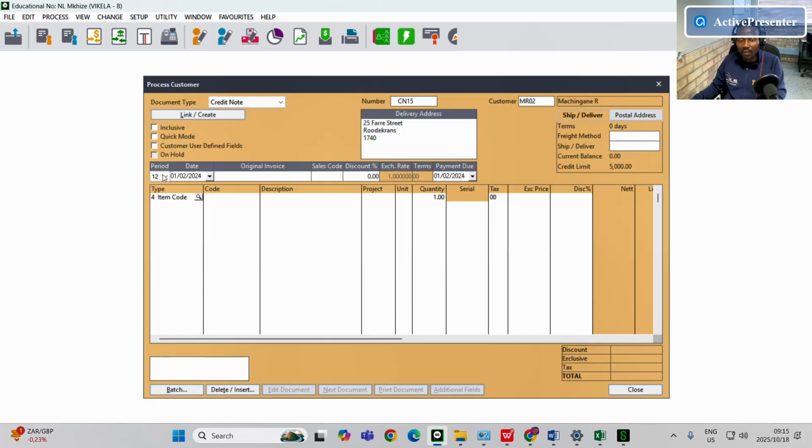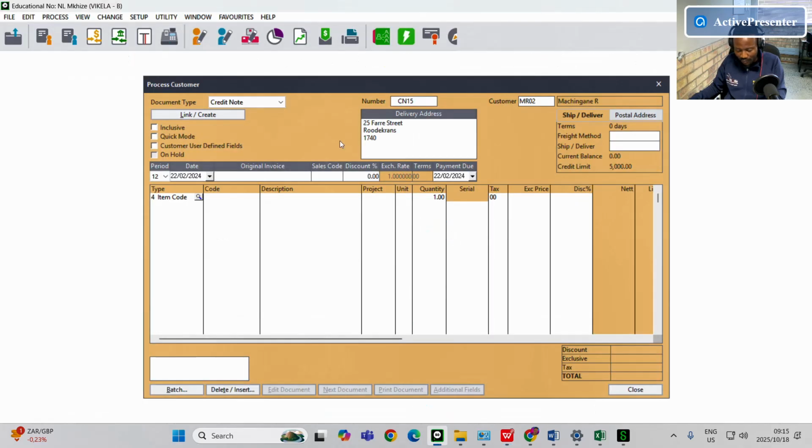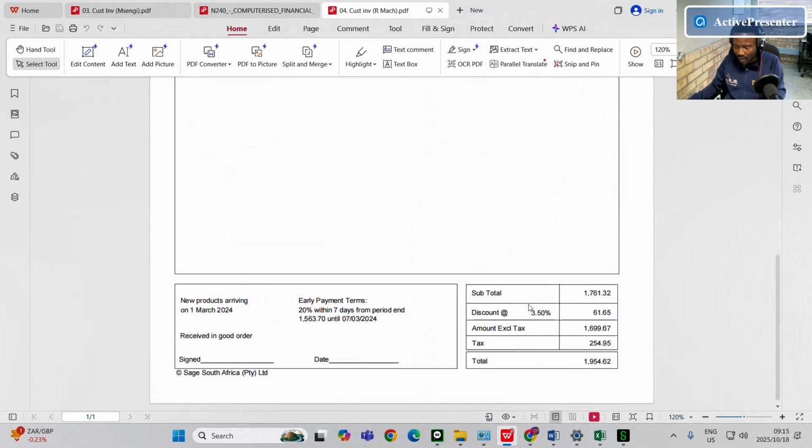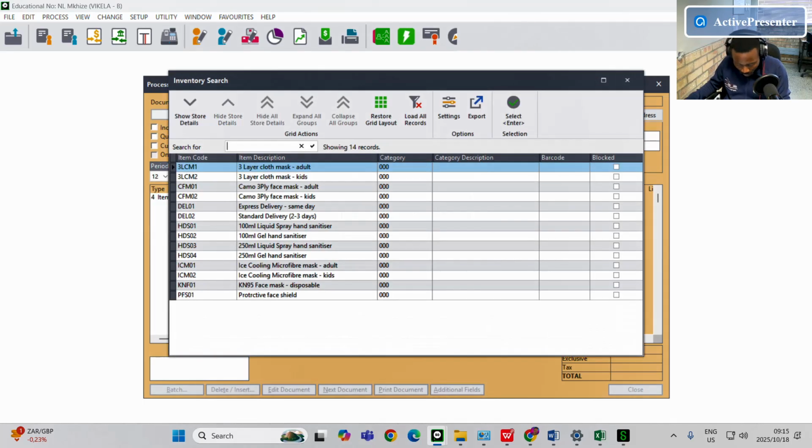Obviously I'm choosing period number 12. The date of the return is the 22nd. Original invoice, I need to key in the original invoice number, which I'll take from the original invoice. Here is the document number, so I'll take this document number as it is. With the trade discount, it's here 3.5. Then there are no terms here. So we actually returned a protective mask.